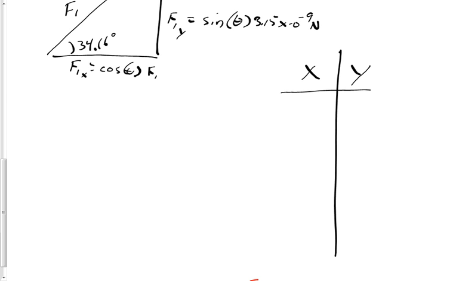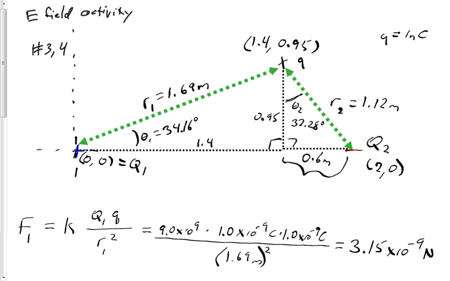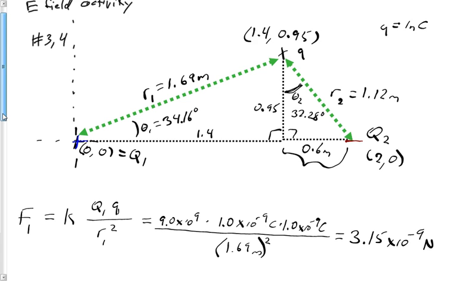And so that's going to give me, along the x, 2.81 newtons, and in the y it's going to give me 1.77 newtons. I'm going to do the same thing for the other triangle, except because I put my angle in sort of this weird spot here, I'm going to have to use sine for the x component and cosine for the y.